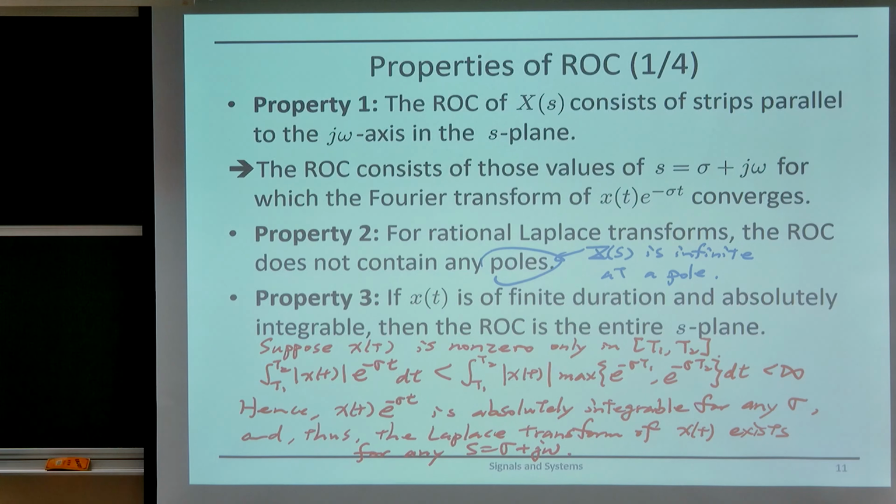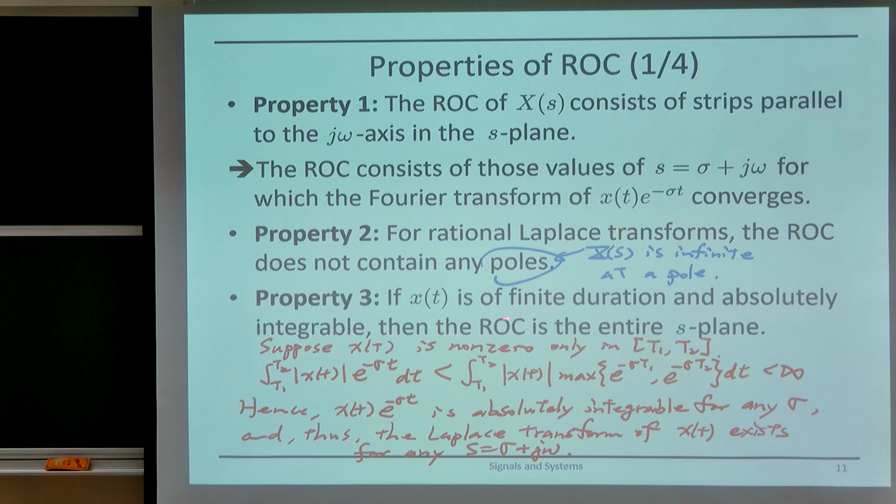Because the real part determines how fast this exponential is decaying, either in the positive or negative axis, okay? All right, and then for rational Laplace transforms, the ROC cannot contain any poles because at a pole this transform becomes infinity, basically saying that it's not convergent, okay? So the ROC cannot contain any poles.